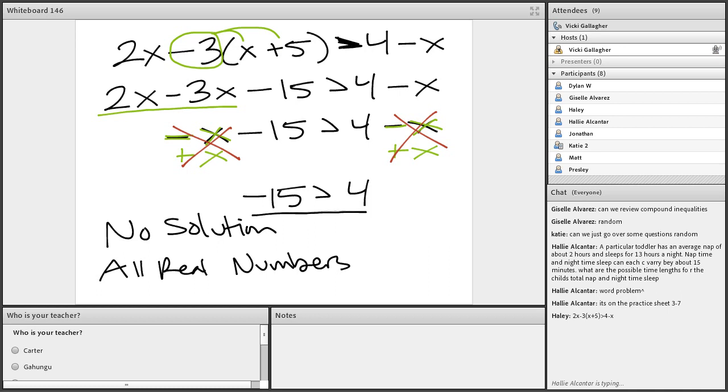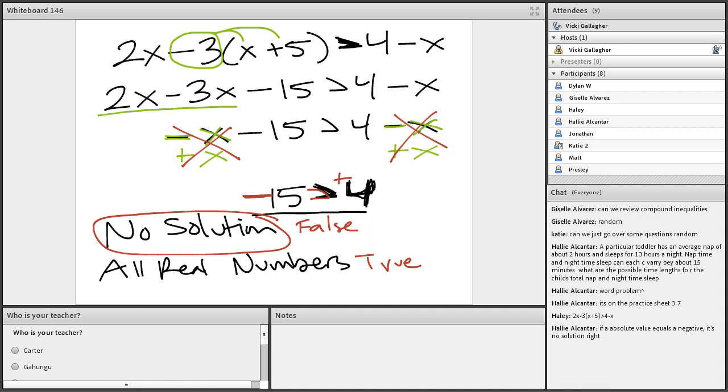This statement says that negative 15 is greater than 4. So I need to think if that's true or false. If it's false, we'll pick no solution. And if it's true, we'll pick all real numbers. And this is false. Negatives are not bigger than positives. That's not true. It's false. And so since it's false, we would choose an answer of no solution.